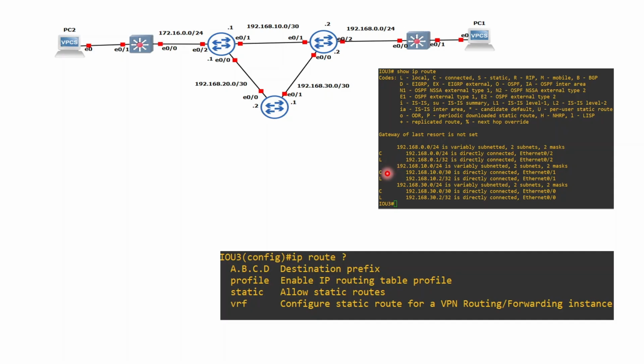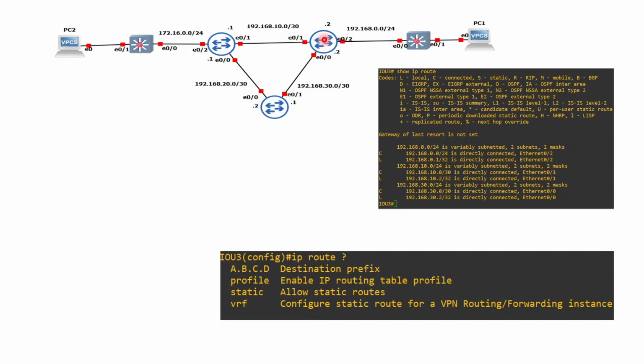Now, as you can see here, it also shows that it has learned another network, 192.168.10.0/24. Now what is this network? It is here, 192.168.10.0/24, and you can also see that it is directly connected via interface Ethernet 0/1, and that is true.